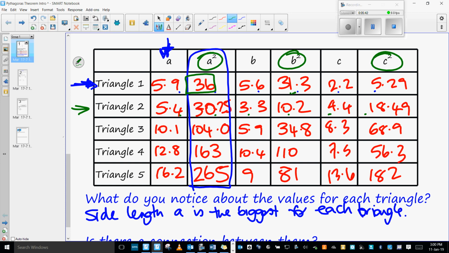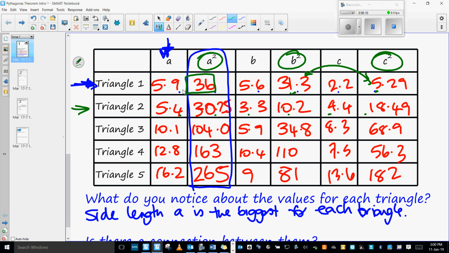What's this number here? 31.3. And what's this number here? 5.29. What would happen if I added these two? You get 36. Roughly, do I get this? Yeah. What about if I add these two? You'd roughly get 30. What about these two?